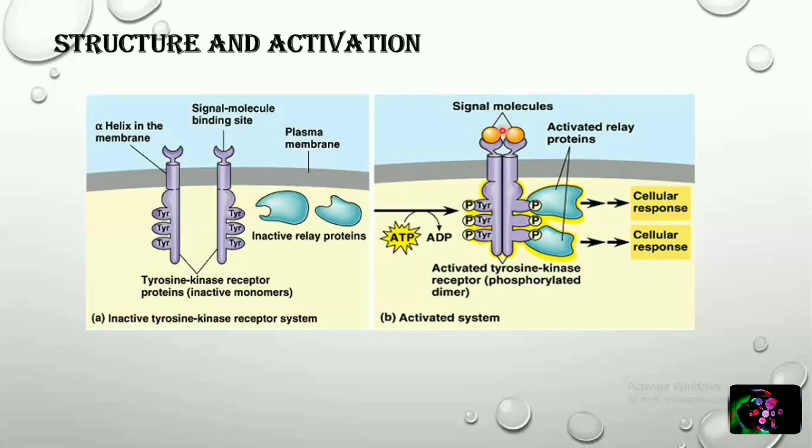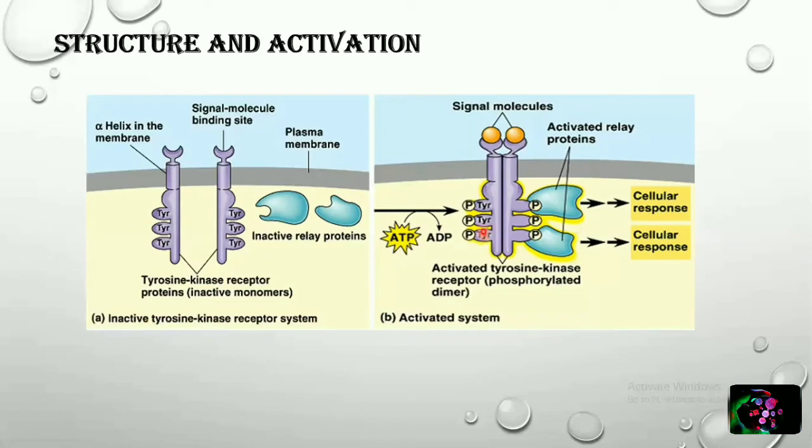Now the next step, that is step three. Dimerization activates the phosphorylation of the tyrosines in the cytoplasm.